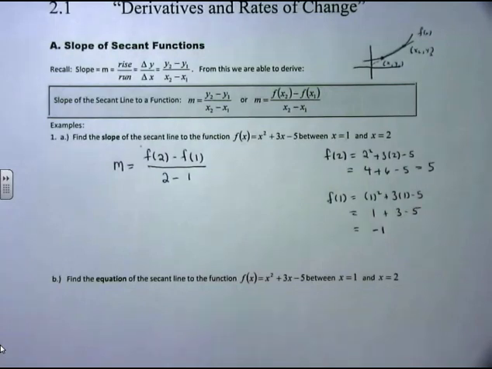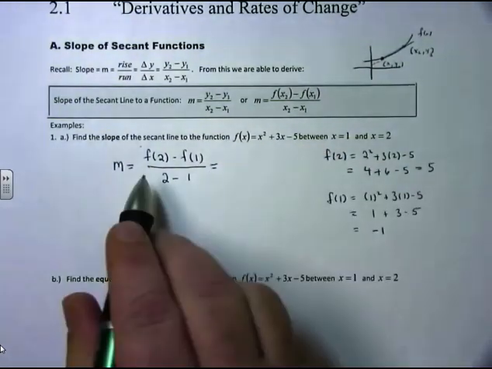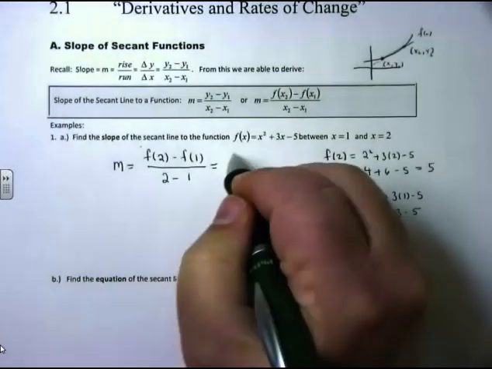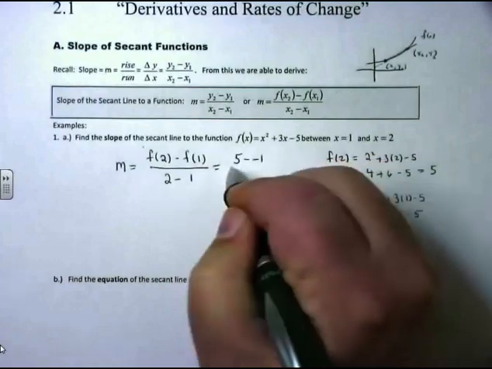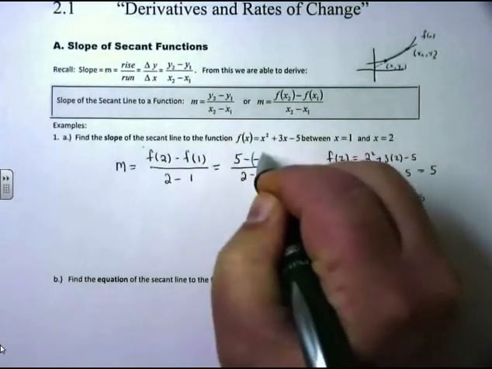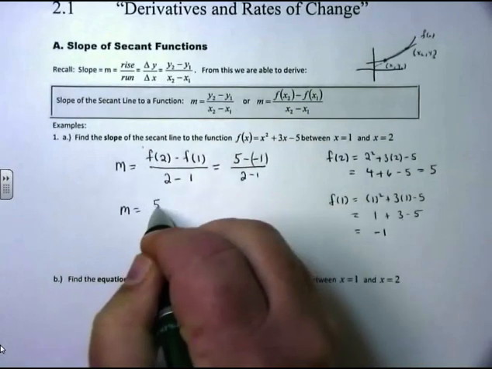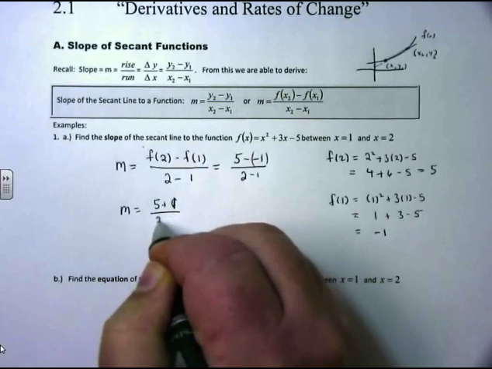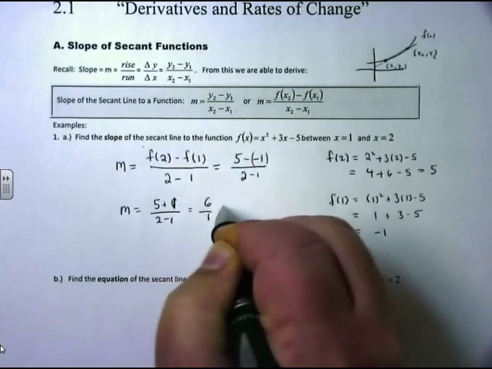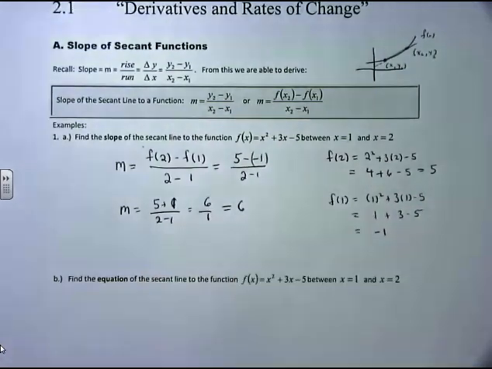So now, plug these numbers into my slope formula here. f of 2 is 5, minus f of 1, which is negative 1, divided by 2 minus 1. When we clean this up, we end up getting 5 plus 1, which equals 6, over 2 minus 1, which is 6 over 1 equals 6. So there is my slope of my secant line.